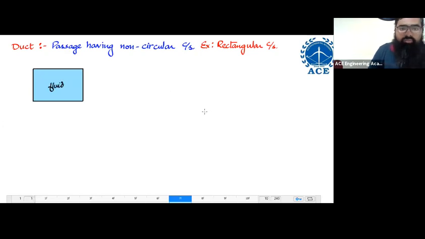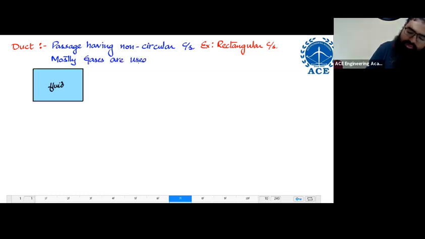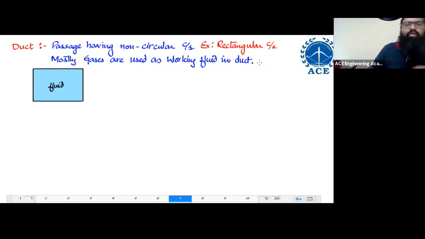One more important thing regarding duct is that mostly gases are used as the working fluid in a duct. So whenever you're having duct flow, be assured that the question will have a gas inside. An AC duct also is going to have gas in it. So this is called a duct.